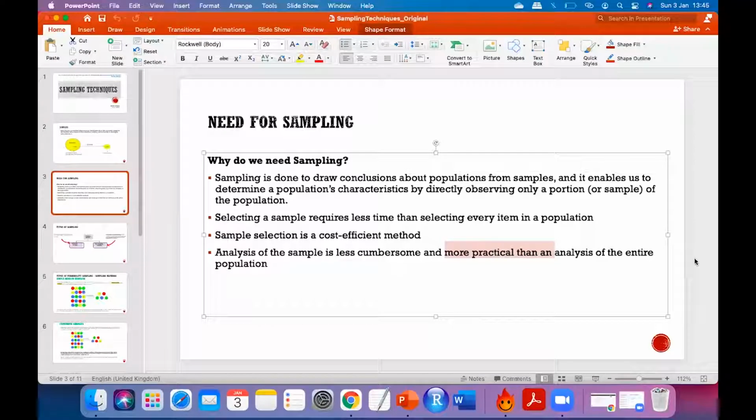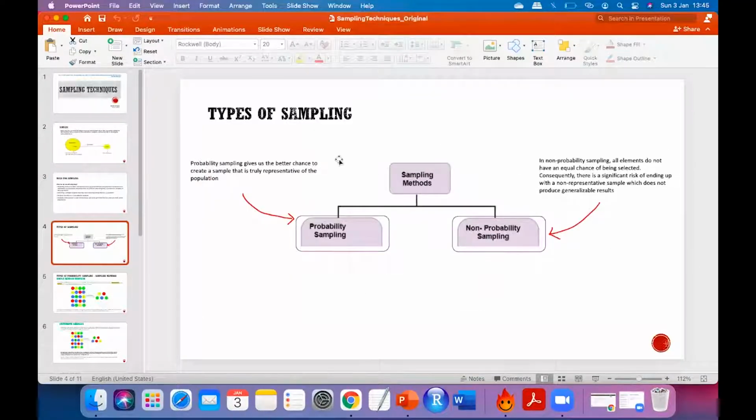Okay, but let's see what are the types of sampling. Correct. There are two types, majorly divided into probability sampling, also called probabilistic sampling. Another one is non-probability or non-probabilistic sampling. Can someone define, even before me explaining, as the name suggests? Can someone try?